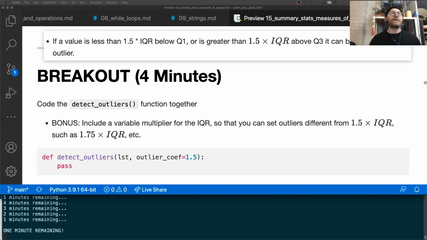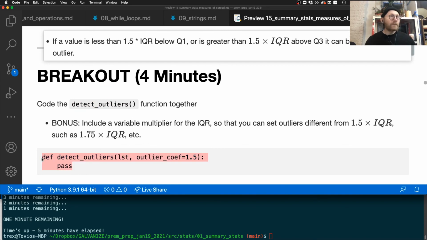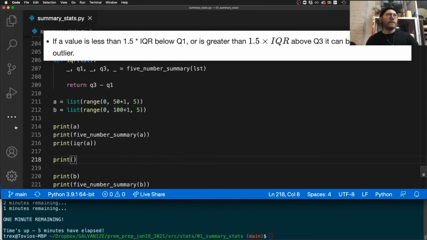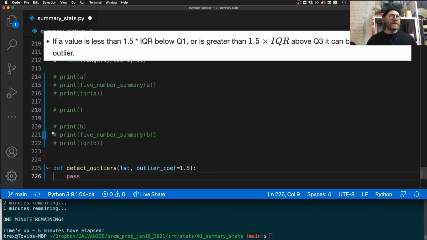All right. So I'm going to put 4 minutes on the clock, and you're going to code this detect outliers function. So let me go ahead and get you started on that. Notice that I put in a parameter here called outlier coefficient.